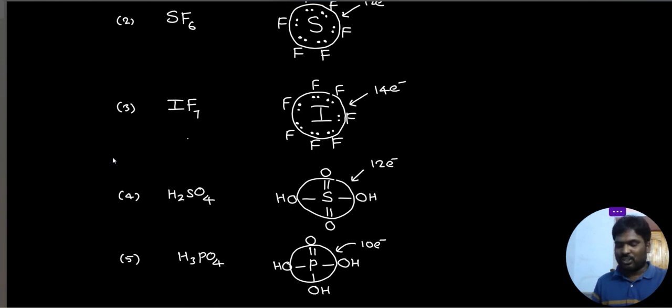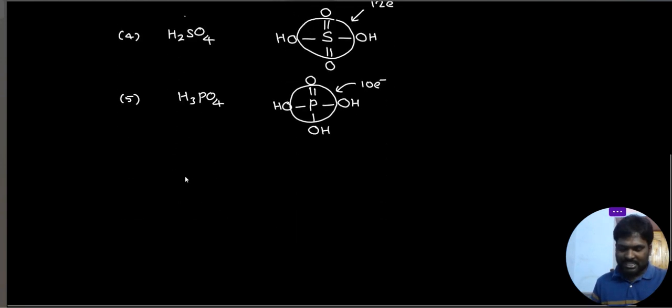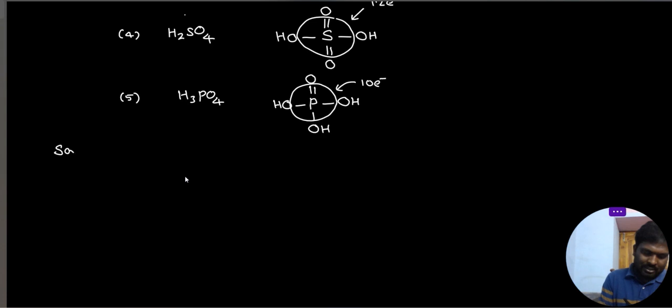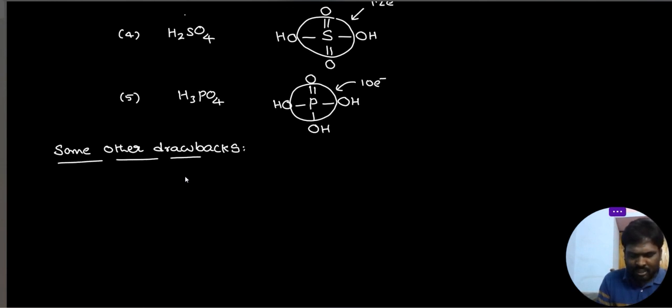Other drawbacks are also there. So, other exceptions, or other limitations. Usually, the octet rule is generated from the electronic configuration of noble gases. Is it right or not?